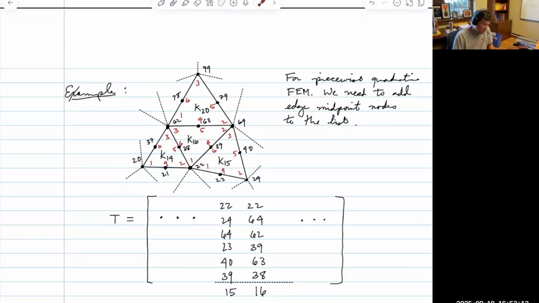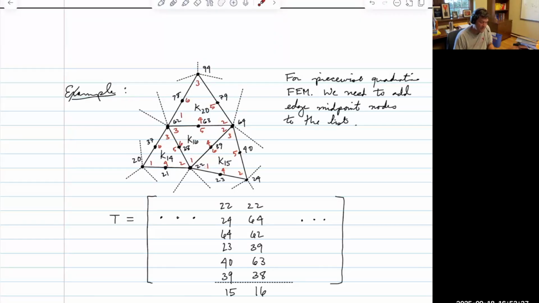Local degree of freedom 1 is actually global degree of freedom 22. Then we have 24 and 64. Then we usually count like this, 1, 2, 3, and then we come back, and after 1, we go 4, 5, and 6.